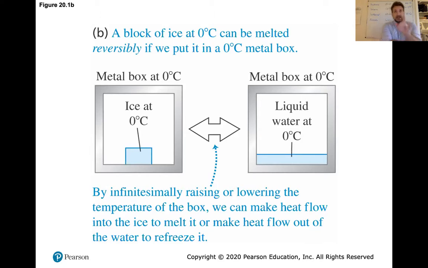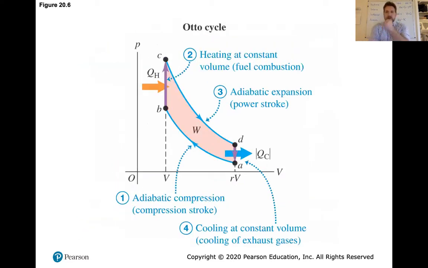But we also need a kind of process that allows the temperature to change without any heating, without any Q, and that's adiabatic. So now maybe we're thinking that Otto and Diesel weren't too far off. They were thinking about adiabatic expansions.